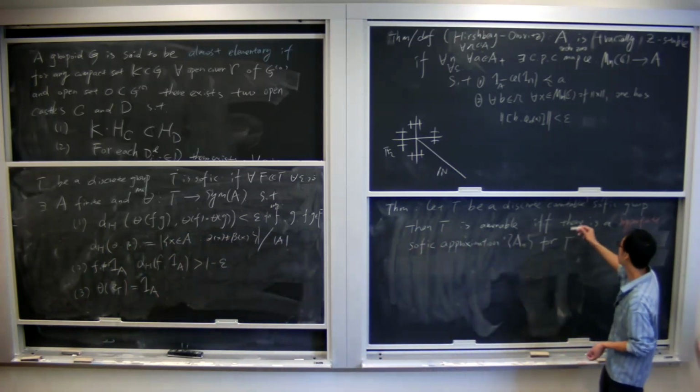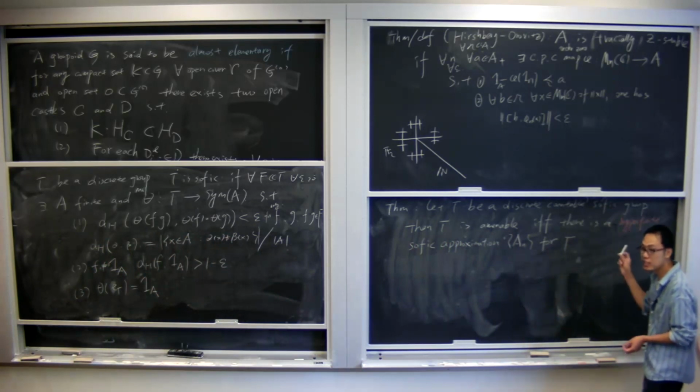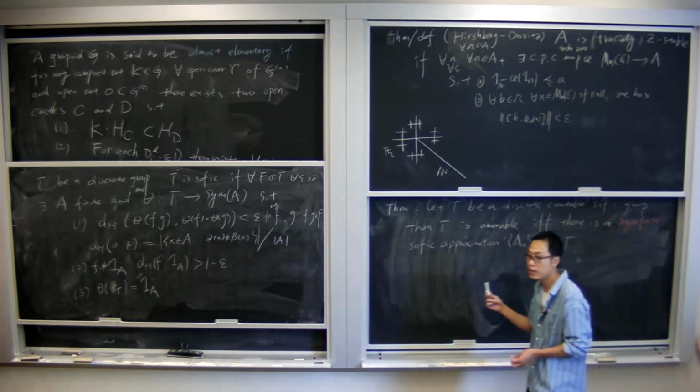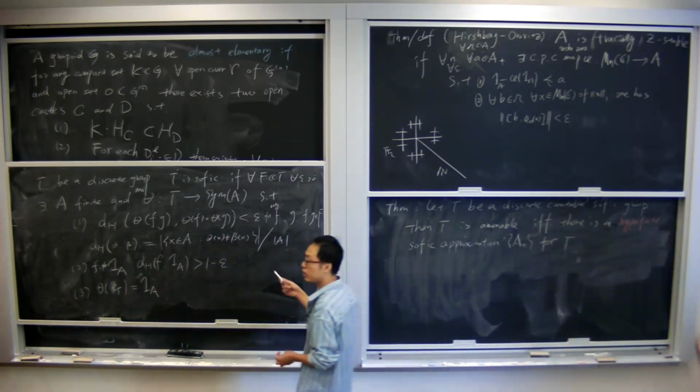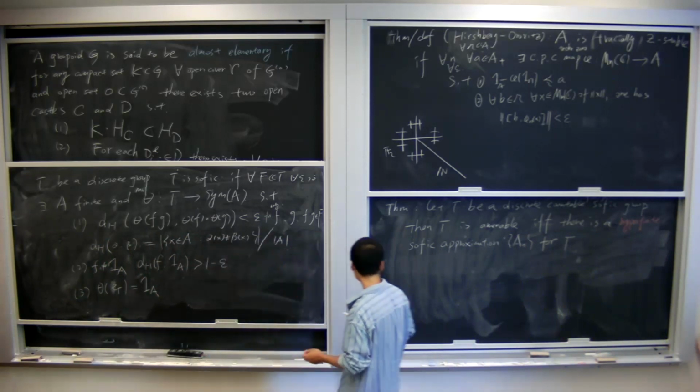But why do we need finitely generated? Because in this case, we can define a graph structure on the sofic approximation in the following way.